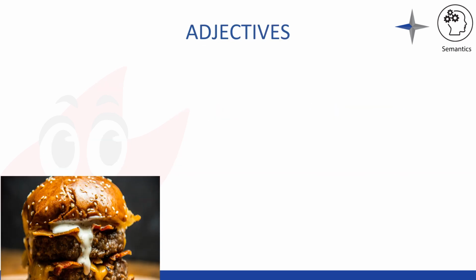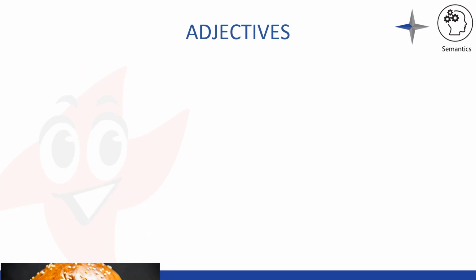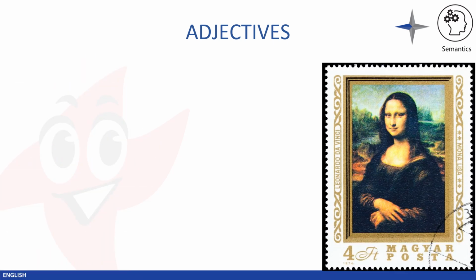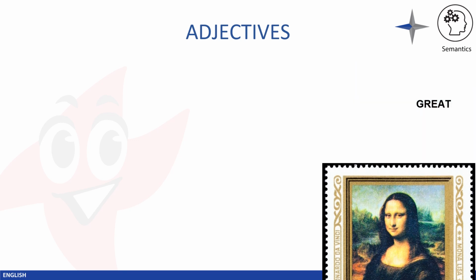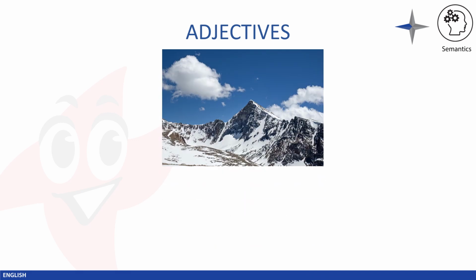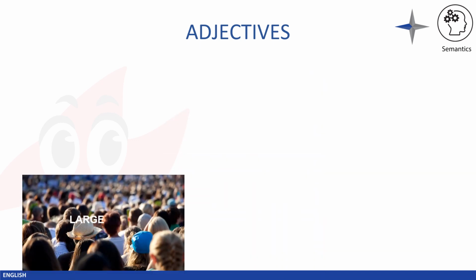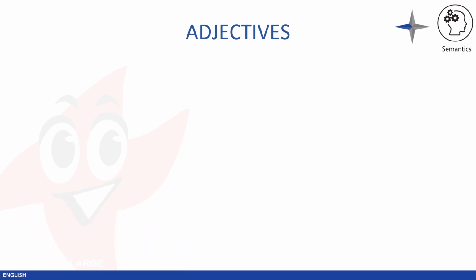Here we have a couple of adjectives that are quite confusing and specific to be used. So you have big, well, Big Mac, you see the hamburger, and this is a stamp. You see great, and then you will have the mountains, high mountains, and then a large group of people.